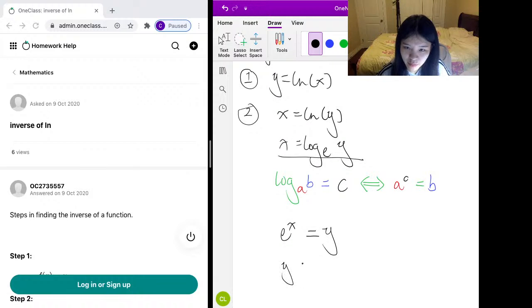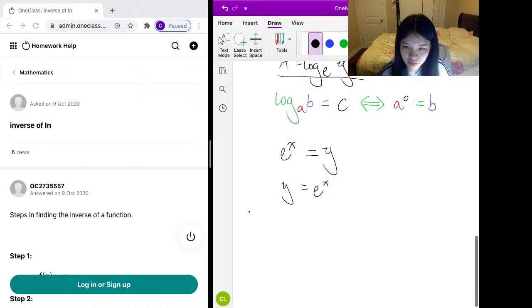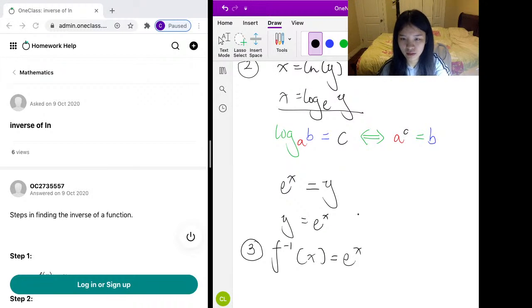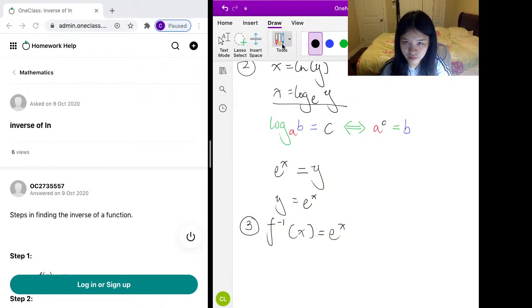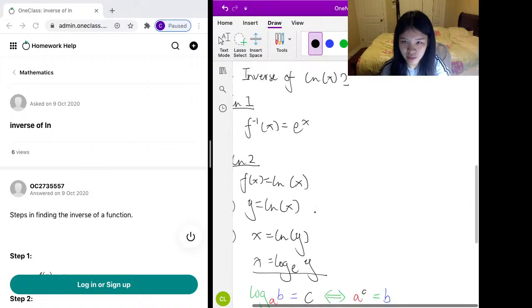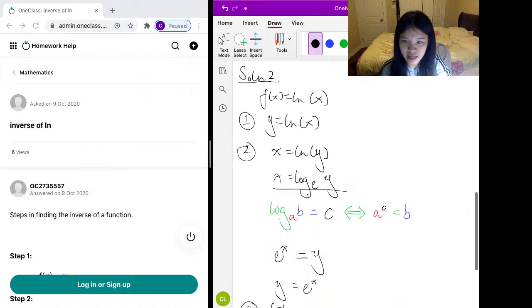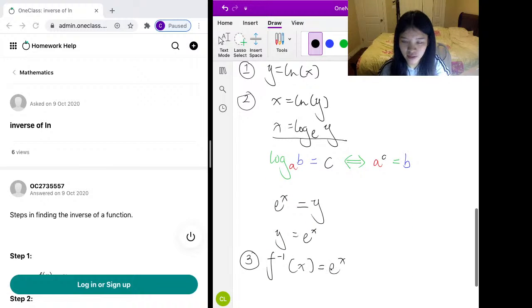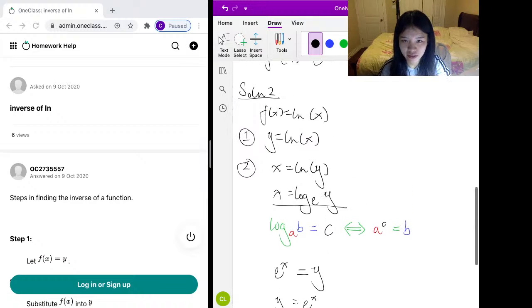So we have y equals e to the power of x, and the last step would be to write f to the power of -1 of x for y, and here we have our inverse function, e to the power of x. So the inverse function of ln x is the function e to the power of x.